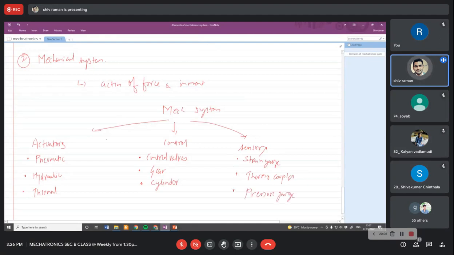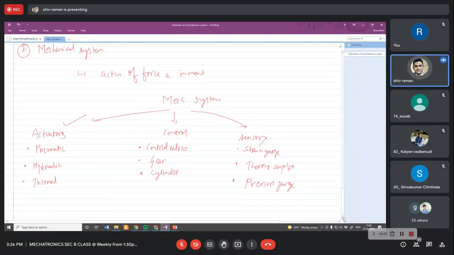So a mechanical system has three components: the actuator, which converts energy into motion; the control system, which helps control force, moment or speed, with control valves, gears and cylinder; and sensors, with strain gauges to measure forces, thermocouples, and pressure gauges.